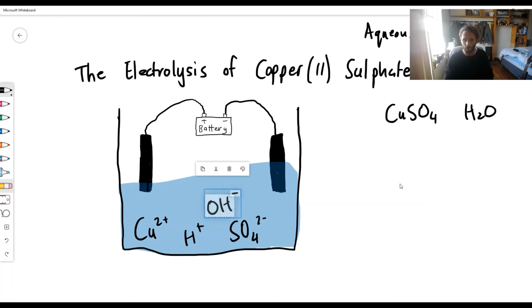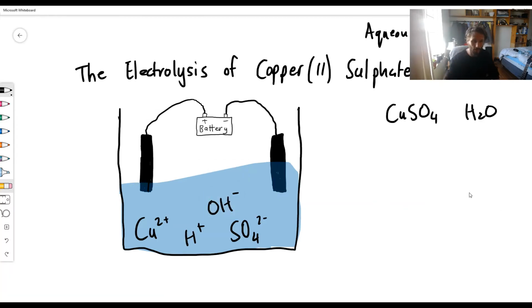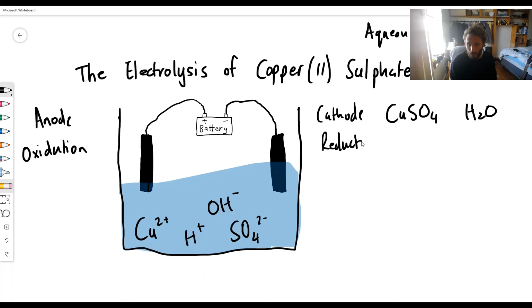Fantastic. Okay, we rig this up to the battery, and remember, from an exam point of view, we can write a few things. Positive, we know is the anode. We know oxidation is going to occur over here. We know that this is the cathode, and we know that reduction is going to take place on this side. If this is a positively charged electrode, remember it's made out of carbon, then the negative ions are going to be attracted to the positive side.